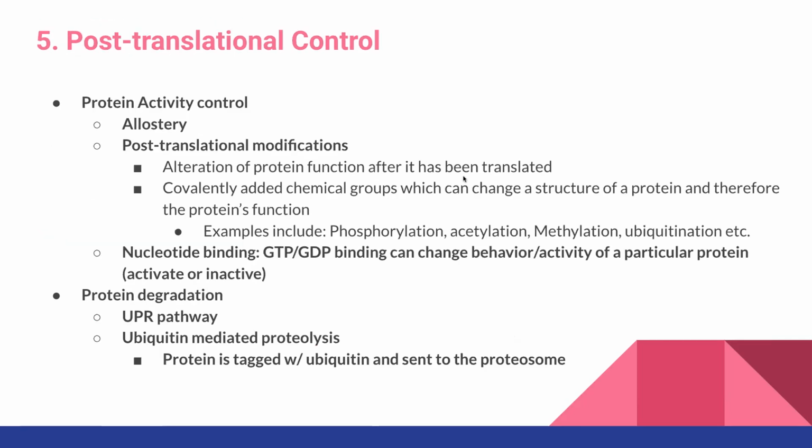Okay, there's also post-translational control. So allosteric, that was on the problem set. That's when a protein or something will bind to a site that's not the active site, and it'll change the conformation of that protein. So, for example, it can either hinder or allow it to function properly.